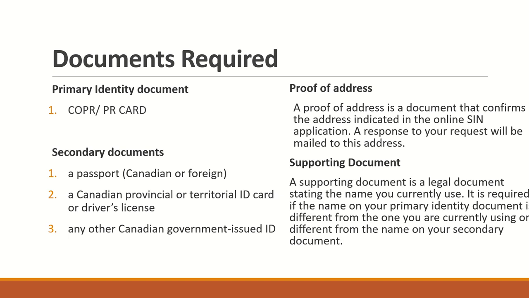And a supporting document is a legal document stating the name that you currently use. It is only required if the name on your primary identity document is different than one you use in your day-to-day life, right? So if it's a different name, then only you have to provide supporting documents like marriage certificate, change of name, etc. Otherwise, you don't need a supporting document.